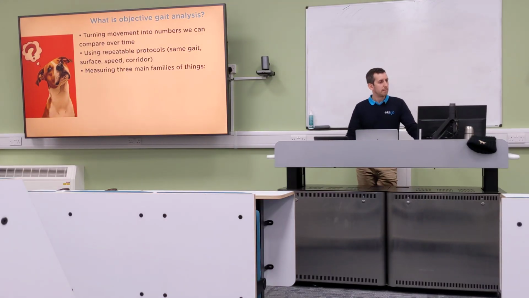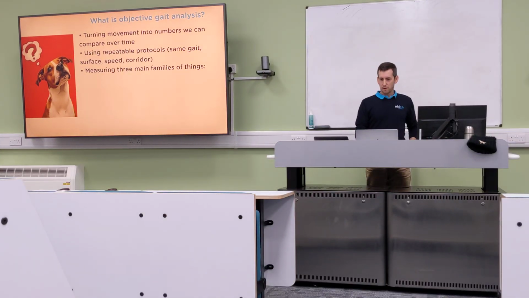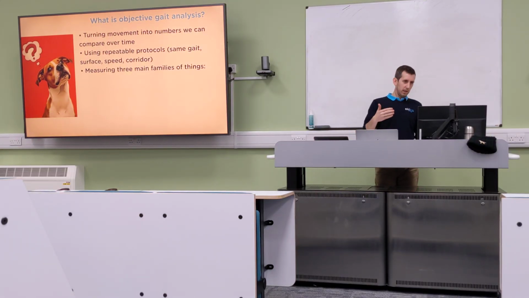So yes, as I said, objective gait analysis is basically just turning movement into numbers that we can compare over time. So instead of saying the dog looks better, we can say okay, the front left stance time is getting better compared to last time, because now the symmetry is 48%, and before it was 40%.